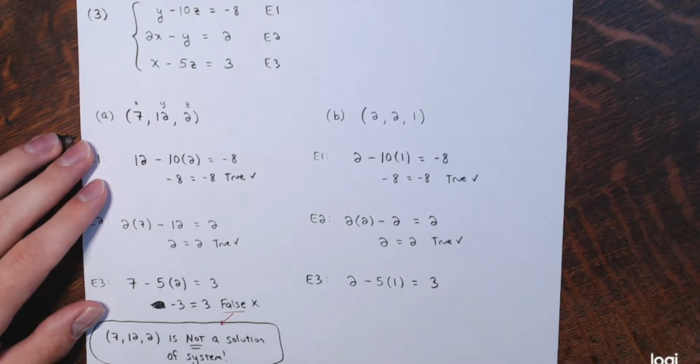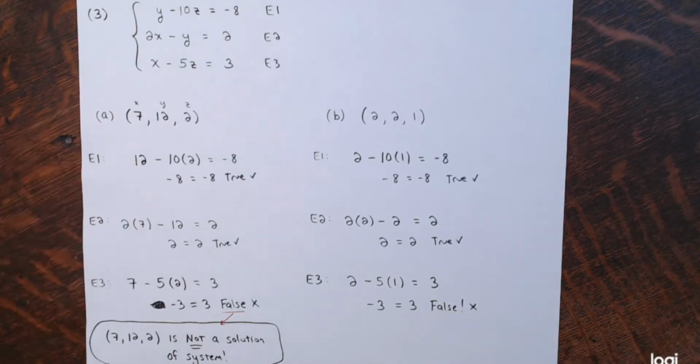And man, fails again, unfortunately. 2 minus 5 is negative 3, not positive 3. So this is false again.